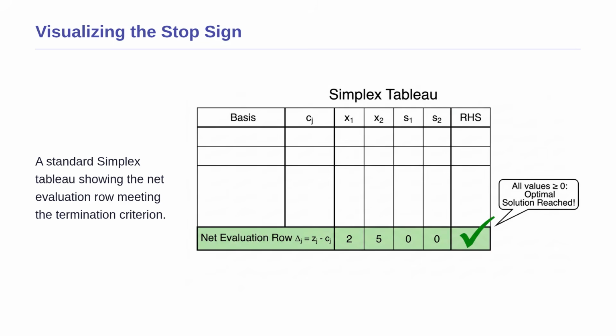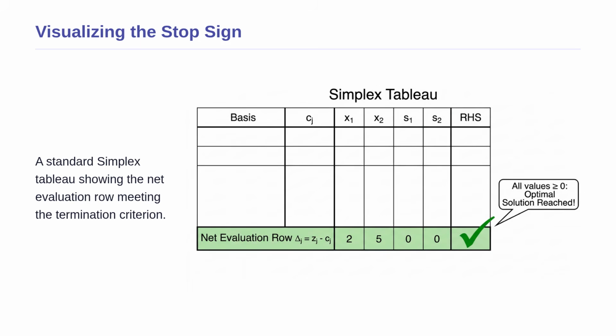Now that we have calculated these values, let us see how they appear in practice. What you are looking at is a standard simplex tableau, which is how computers and mathematicians organize these calculations. Notice the highlighted bottom row. This row represents our net evaluations, the delta J values we just learned to calculate.